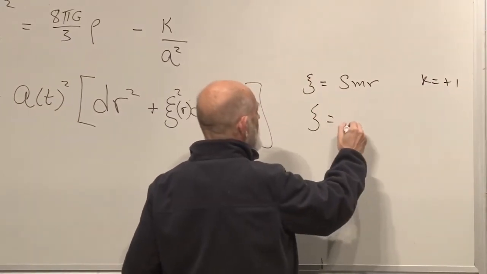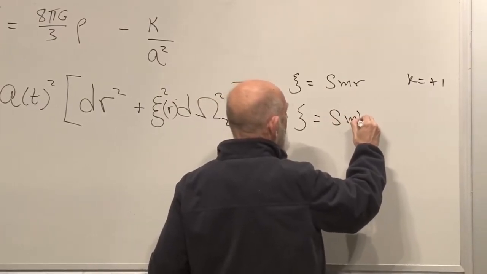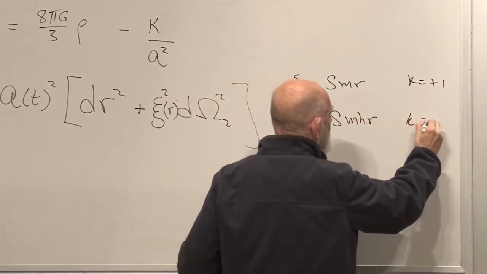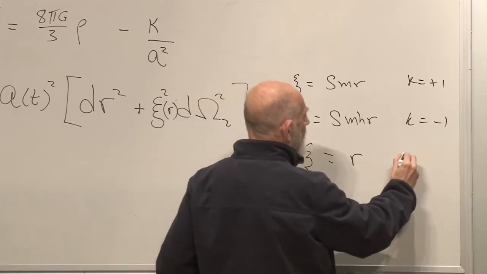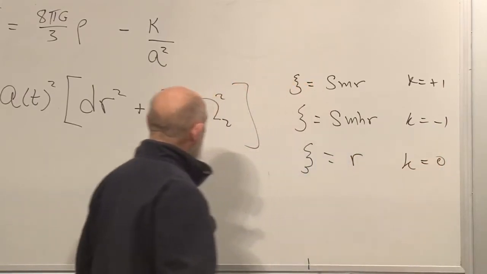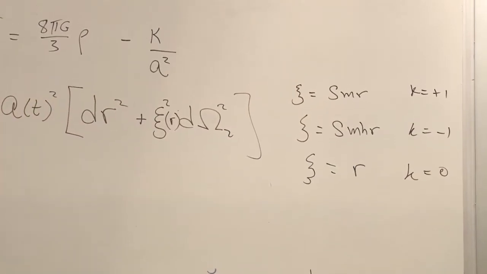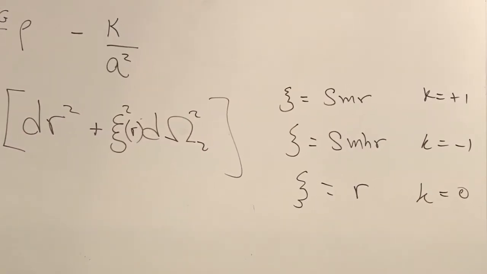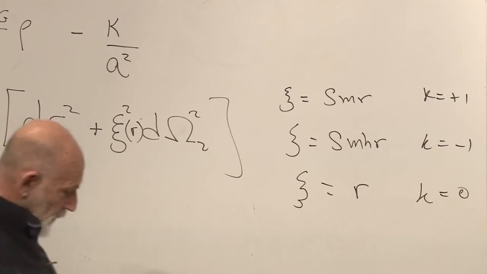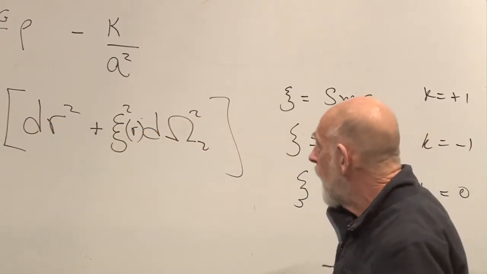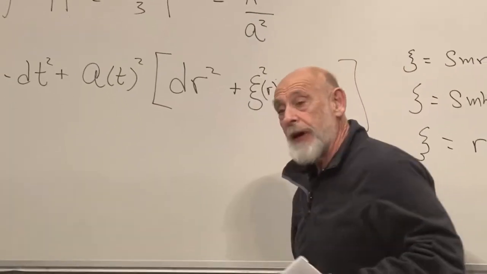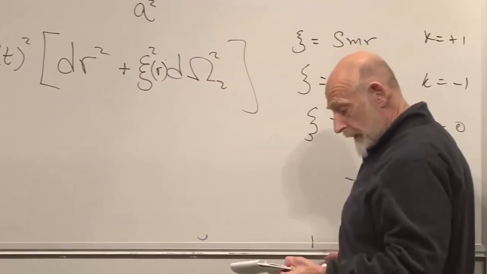C is equal to hyperbolic sine of r when k is equal to minus 1, and c is equal to r when k is equal to 0. That makes one simple formula, and we just have to remember which one we're using. 3 different spatial geometries and an equation of motion for A. And that's our basic setup.